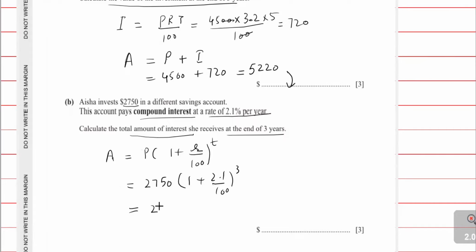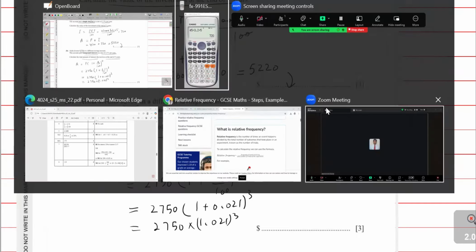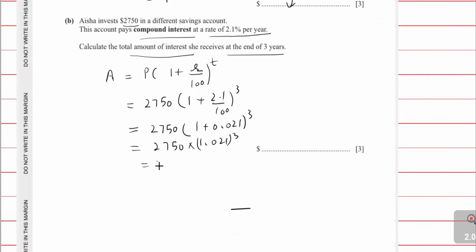And this value will be equal to 1 plus 2.1 over 100, which is 0.021, whole power 3. We can write 2750 into 1.021 whole power 3, and this value will be equal to 2926.9.